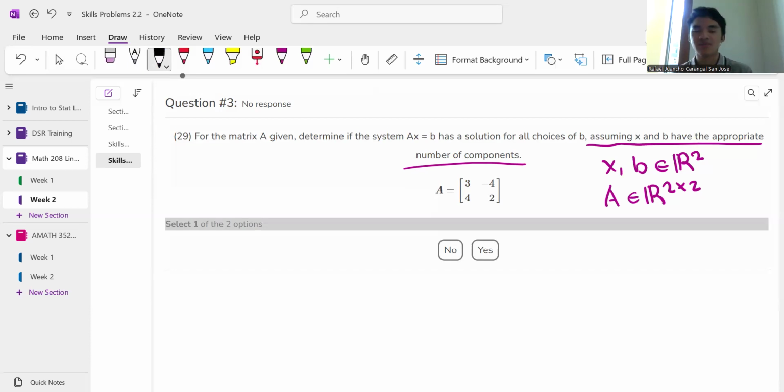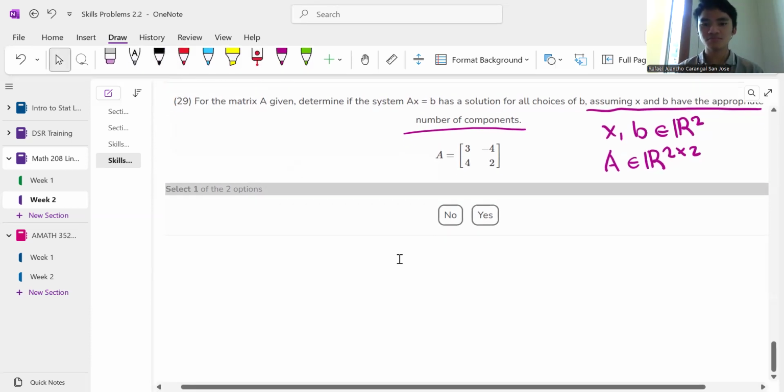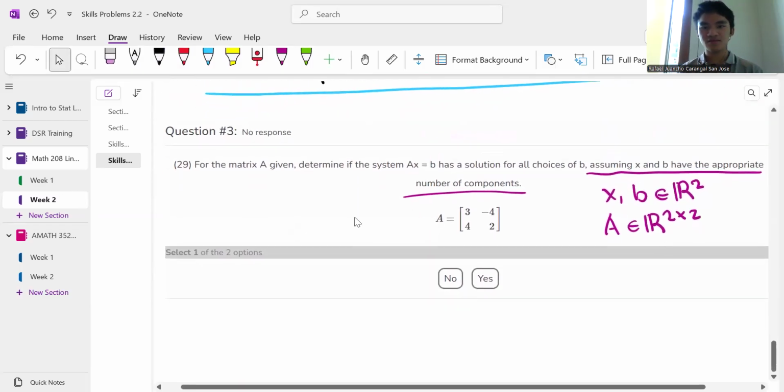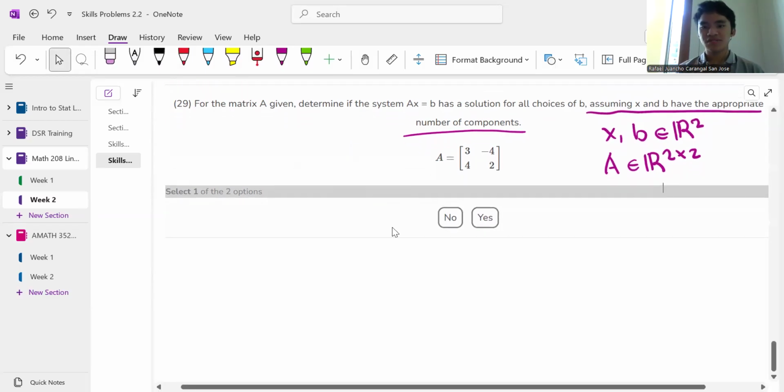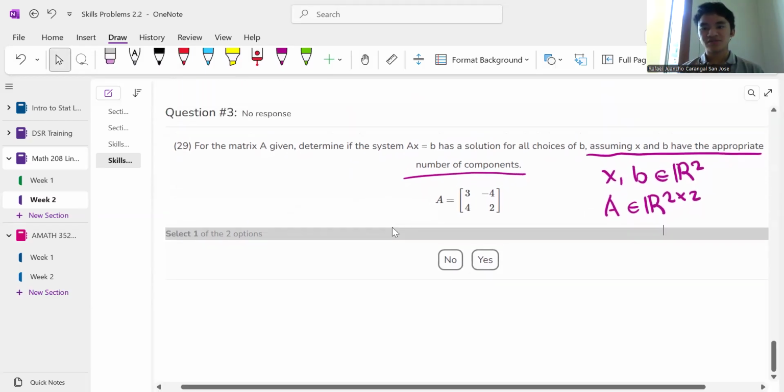But let's see. So does it have a solution? Again, what I would do is I would just do a linear combination, right? But is there some sort of contradiction here?